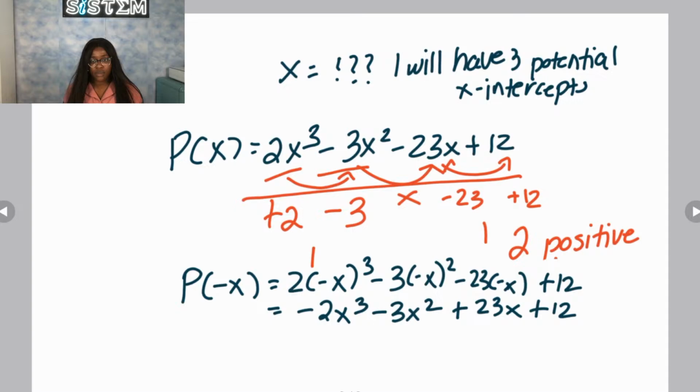So I check again for sign changes. Negative 2 to negative 3, no sign change. Negative 3 to positive 23, that is a sign change. Positive 23 to positive 12, no sign change. So now in your head, you have one negative potential intercept.